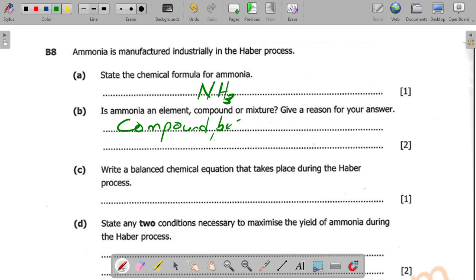Because it is made of nitrogen and hydrogen, which are chemically bonded.